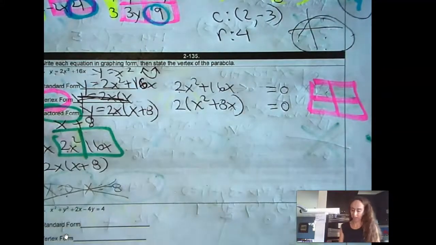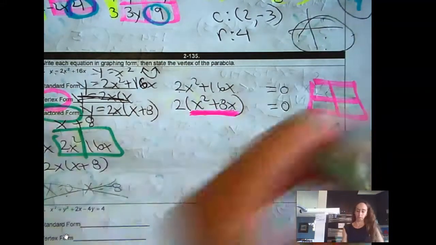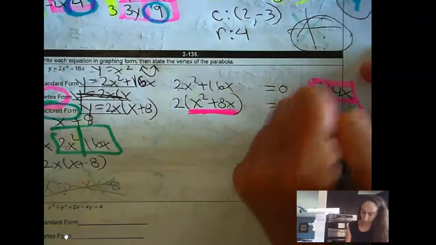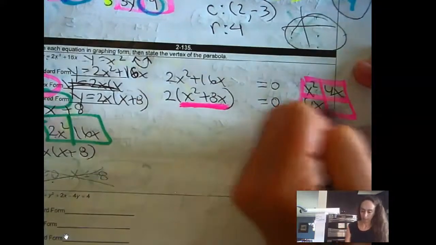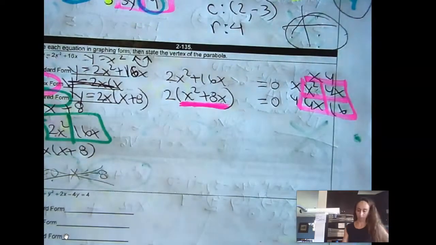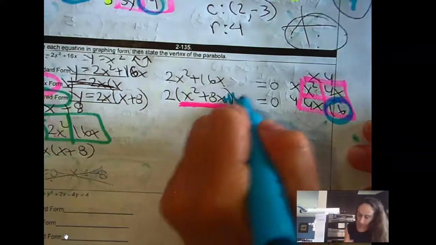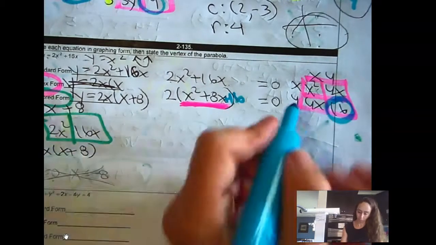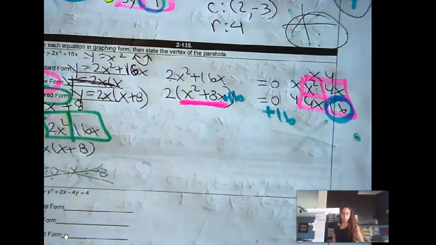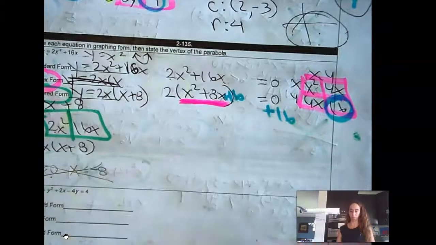Now I could take this and solve it by completing the square. So I'm going to go x squared, 4x, 4x, and then x, 4, 16. Now I take the 16 and I add it in there, which means I'm adding it here too. Okay? But the problem is, I didn't actually do an even on both sides.